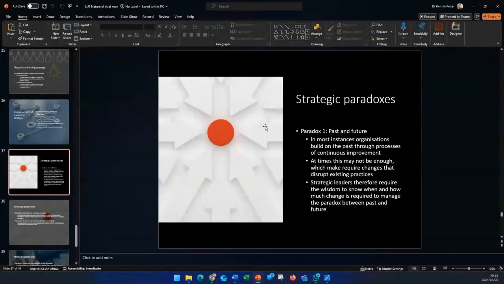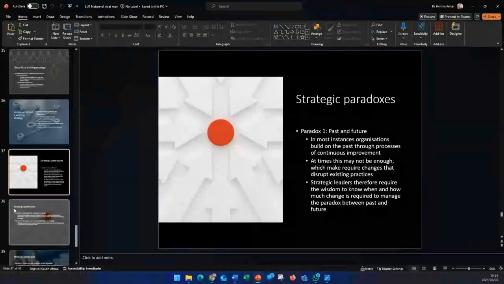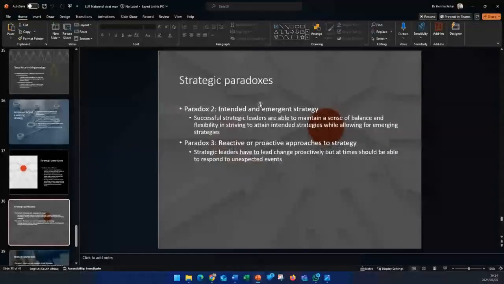The paradoxes, remember: how much do we learn from the past versus worry about what we predict about the future? Intended and emergent strategies, we would have done this in the assignment. Intended strategies, obviously part of a strategic plan. Emergent strategies, those that we make up because your iPhone starts creasing because it's not as foldable as you think, so you have to re-strategize.